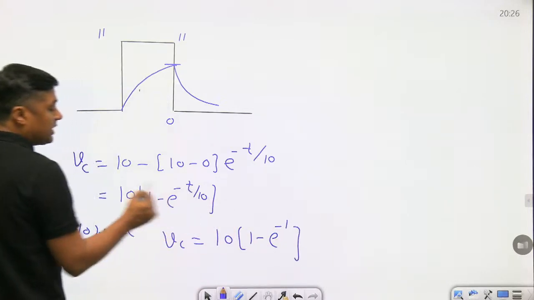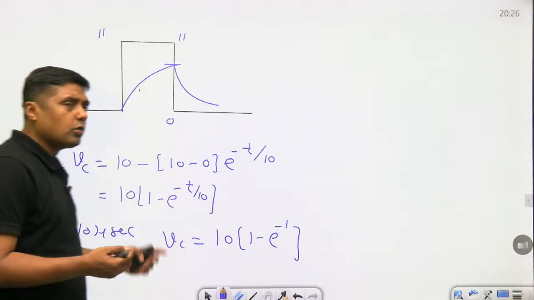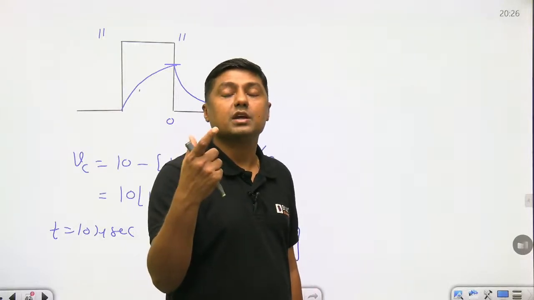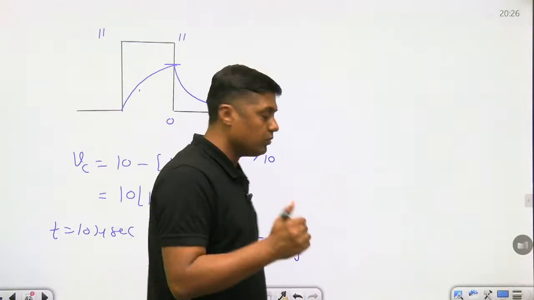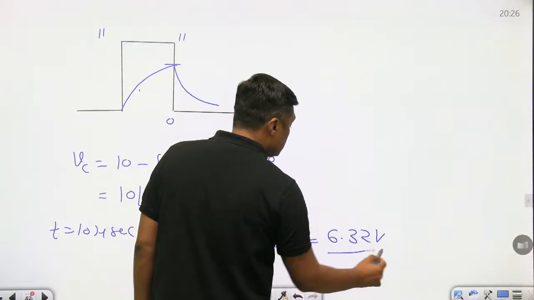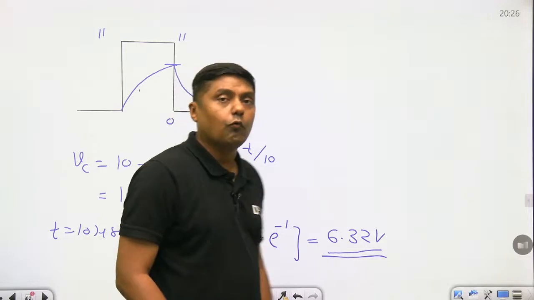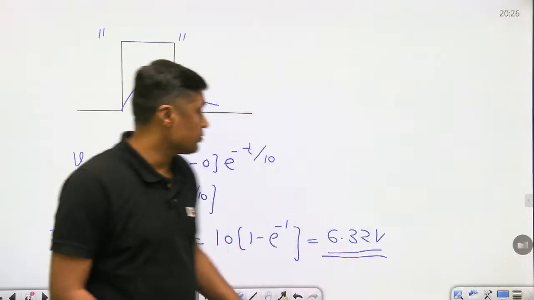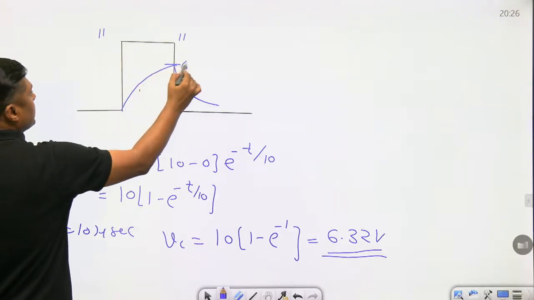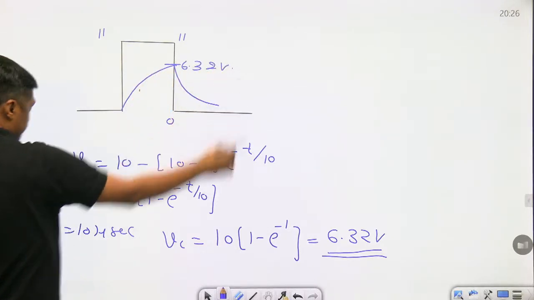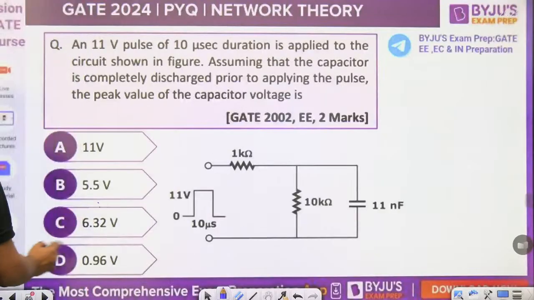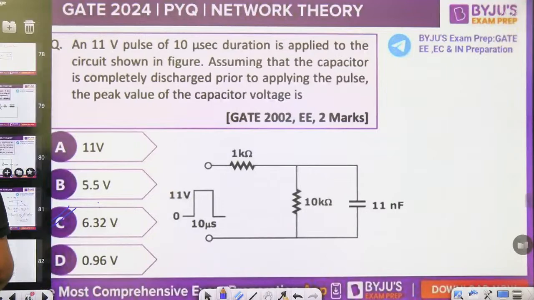And the well-known formula: in one time constant the capacitor will charge up to 63.2% of the final value. So it is nothing but 6.32 volt. 6.32 volt is the answer for this question. Pulse over, the peak value charges up to 6.32. That is the answer. This answer is C.